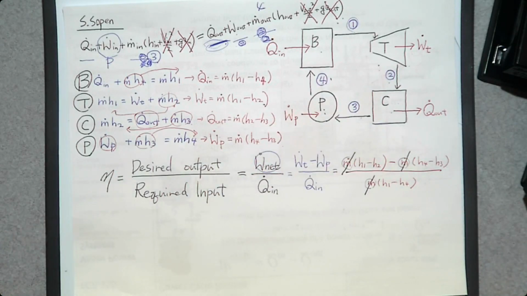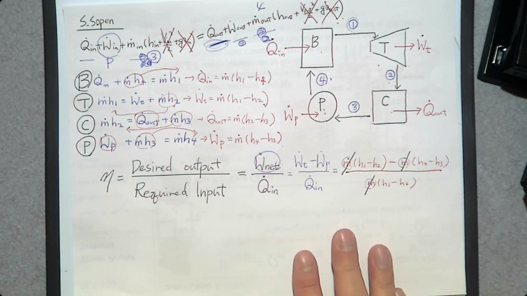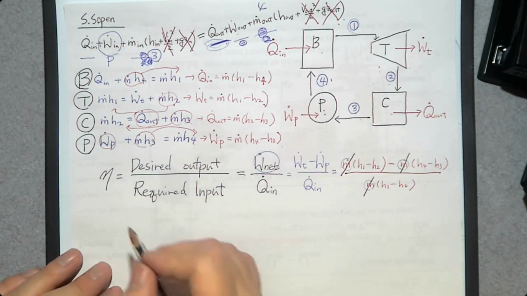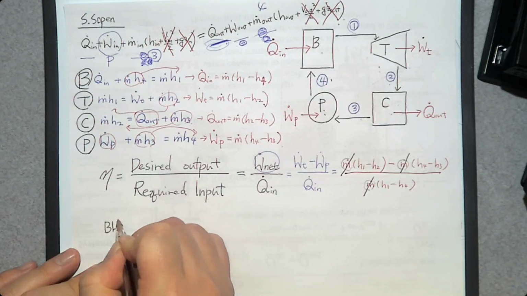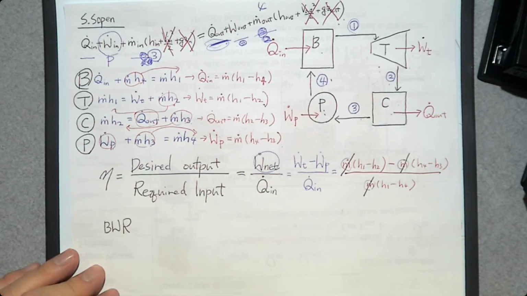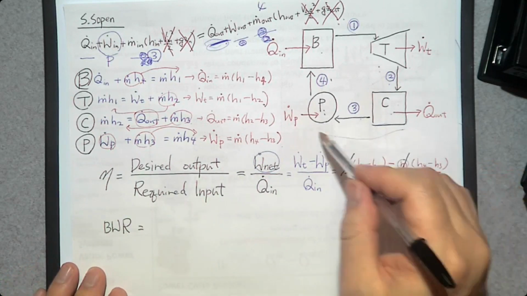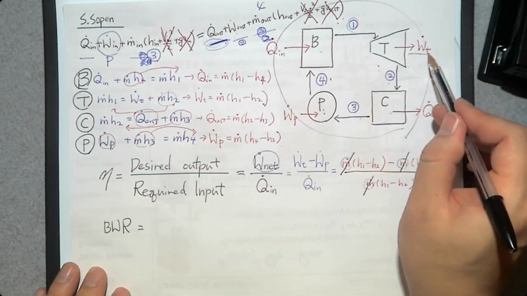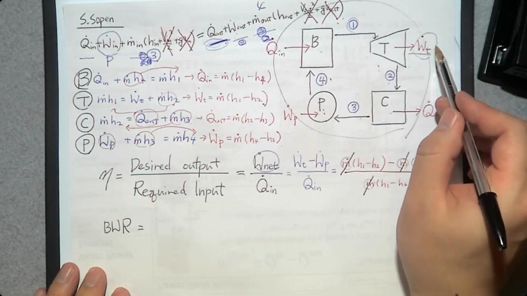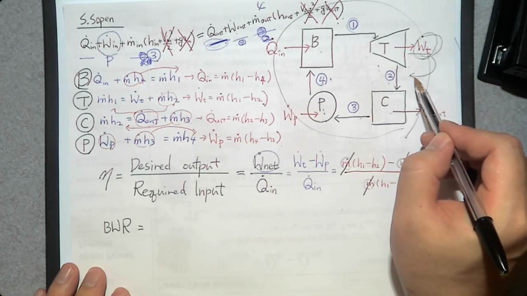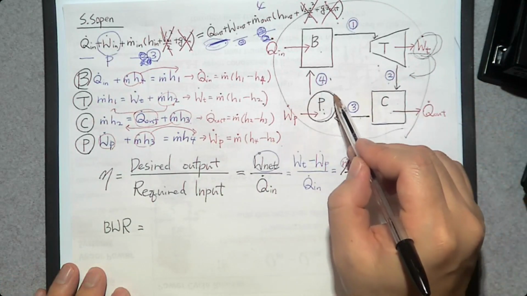So that's how you can analyze a Rankine cycle. There's one more, which is called BWR. That is the back work ratio. By running this Rankine cycle, we are producing turbine power, but some of this turbine power is going to return back to this Rankine cycle to run this pump, right?